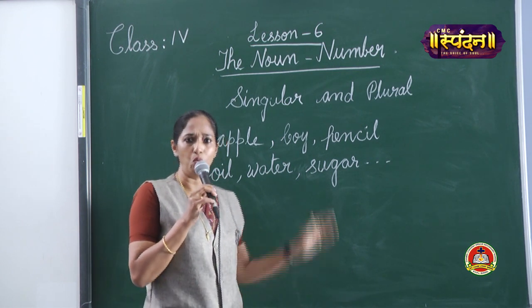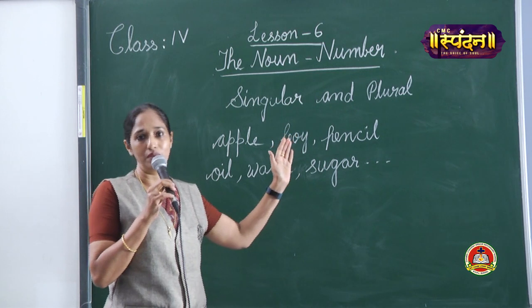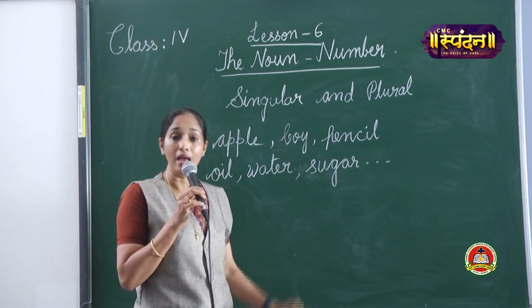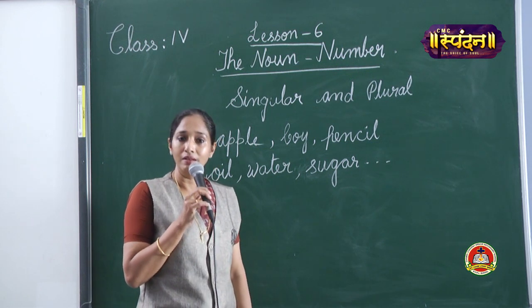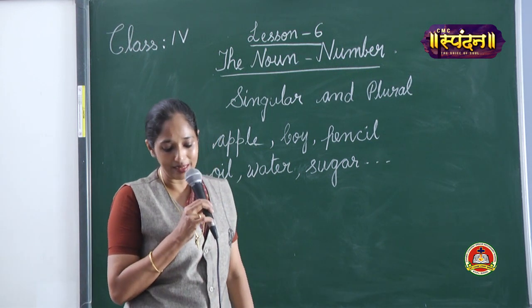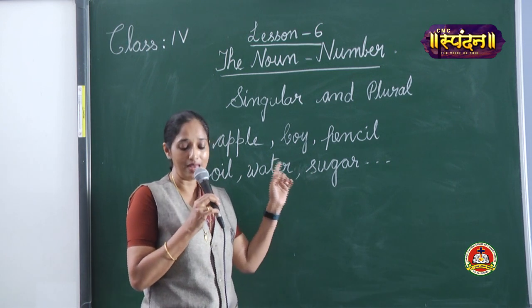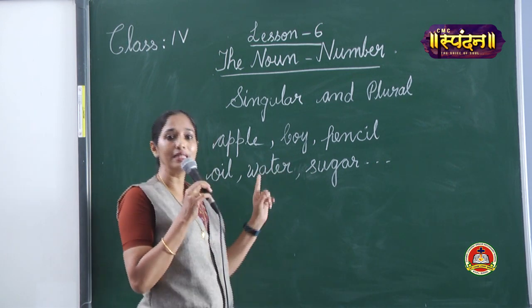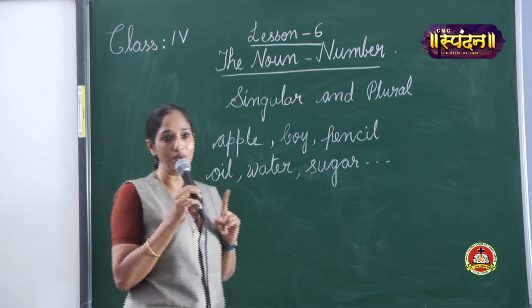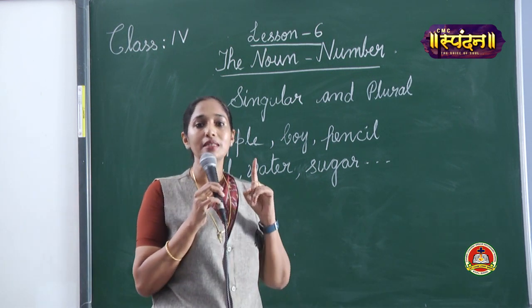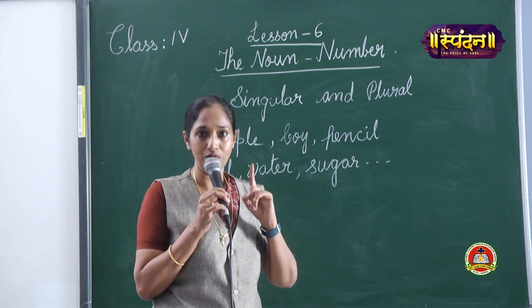Now tell me, what is the difference between a countable noun and an uncountable noun? So the difference is that countable nouns can be both singular and plural.